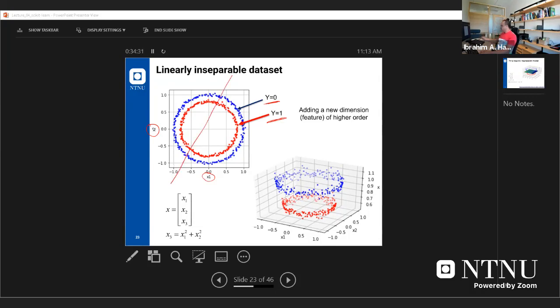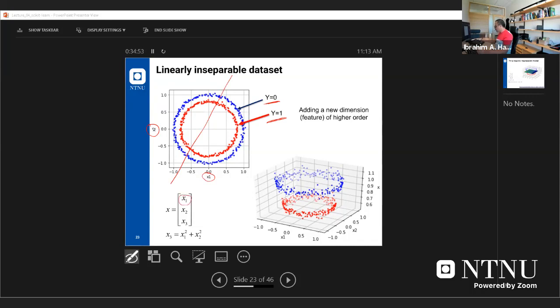How can we solve it? We can solve it using a linear model by adding a new dimension, higher order features. If we add higher order features to the data set, maybe it will be easy to classify it using a perceptron, using a linear model, right? So how can we do this? My features are x1 and x2.